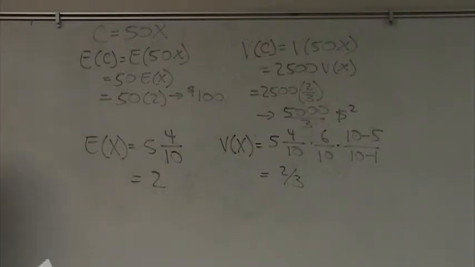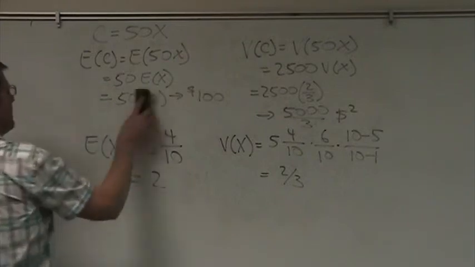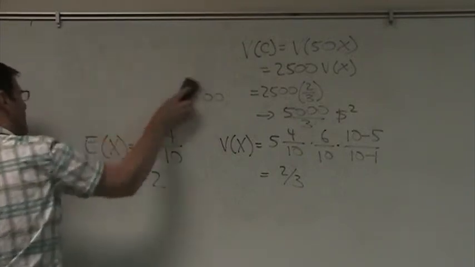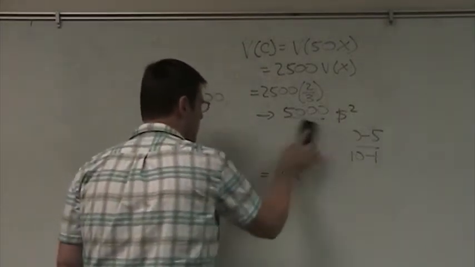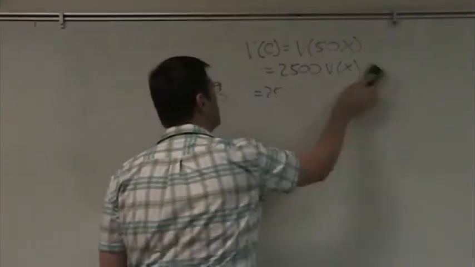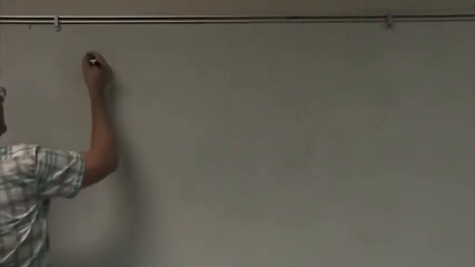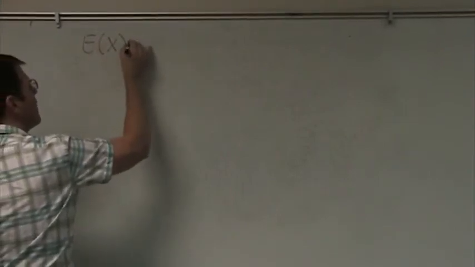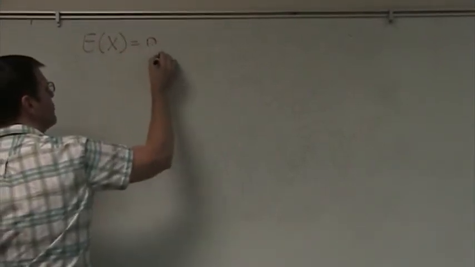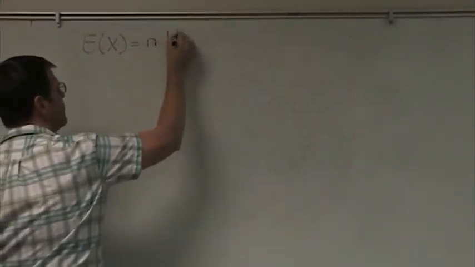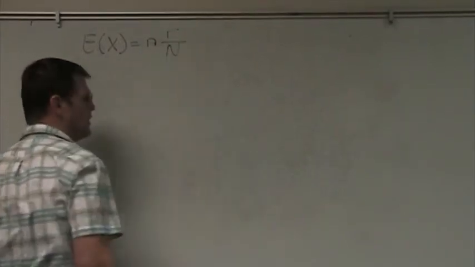Okay, so as far as the last piece of this is concerned for the hypergeometric, going back to the formulas that we had for the mean and variance, expected value is equal to little n times r over capital N. We'll take a look at this piece first.